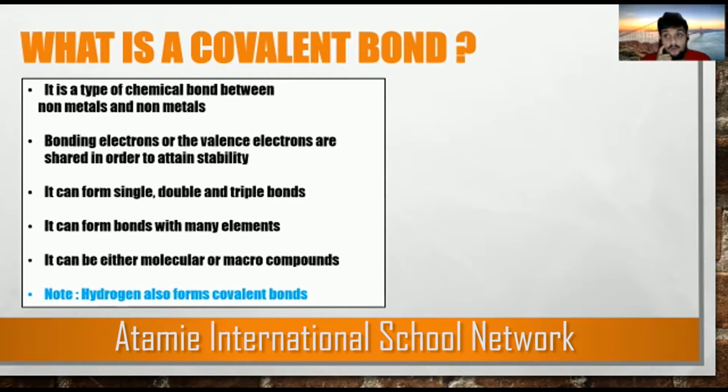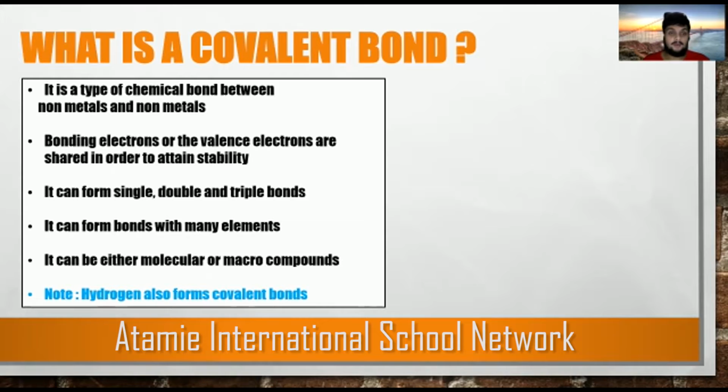So what is a covalent bond? A covalent bond is simply a bond that happens between non-metals and non-metals. In the previous videos we did ionic bonding, which was between metals and non-metals, where you saw an exchange of electrons: the metals gave away their outer shell electrons and the non-metals accepted them into their outer shell.